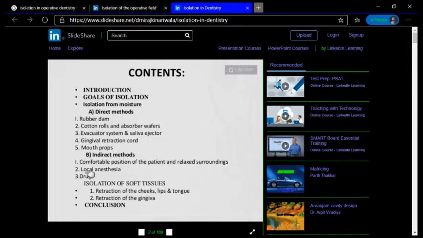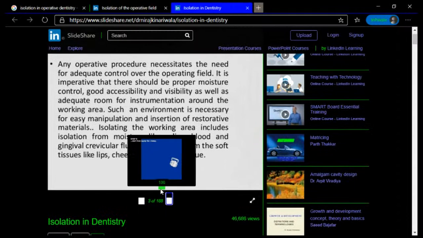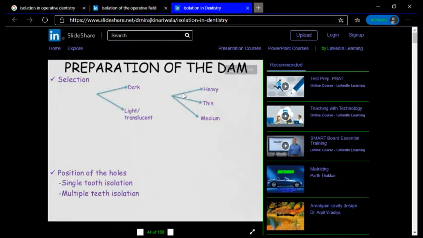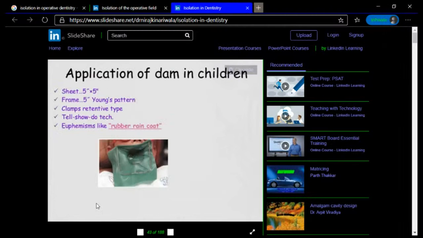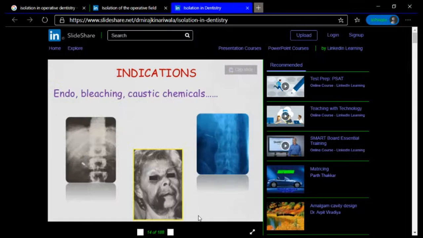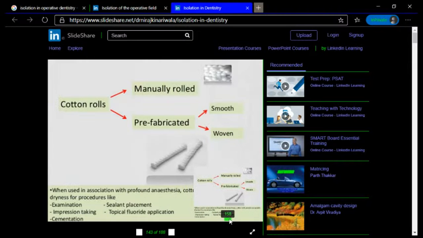Contents: controlling holes, introduction, preparation of the rubber dam, position, putting holes in rubber dam, lubrication, indication of using rubber dam, bleeding.